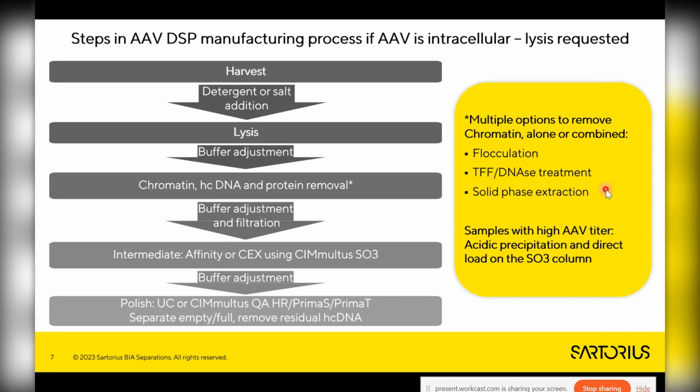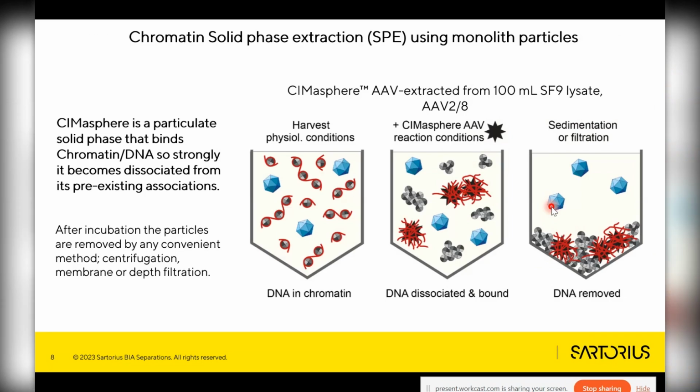But if the titer is high, if we really have nice productivity, we will just simply go to a cation exchange column. You would need a bigger column because chromatins will stick to this column more than the AAV itself. So there will be competitive binding, and a bigger column would be needed. Again, it is part of the process development to decide which way to go.